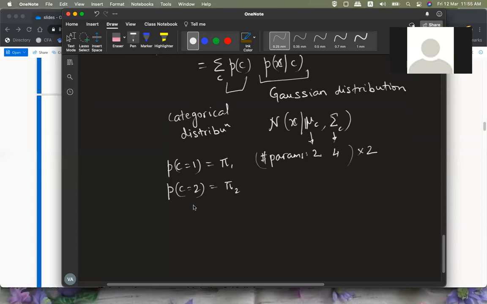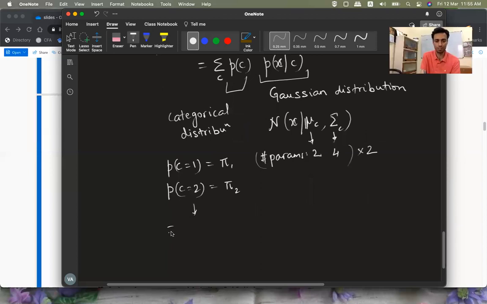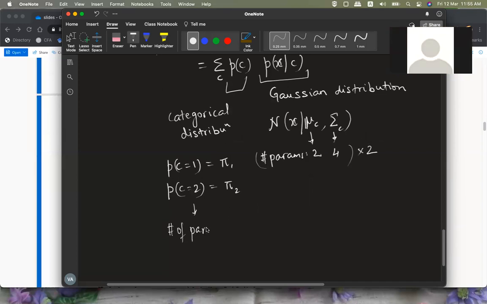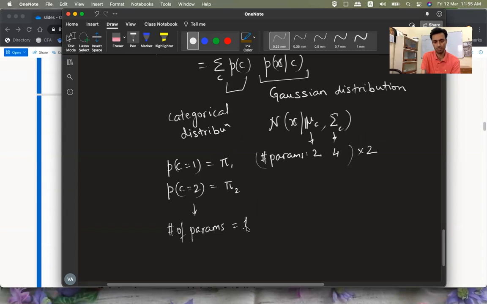Number of classes minus 1. Yes, very good. There are two classes, and pi2 is simply 1 minus pi1, because their sum should be 1.